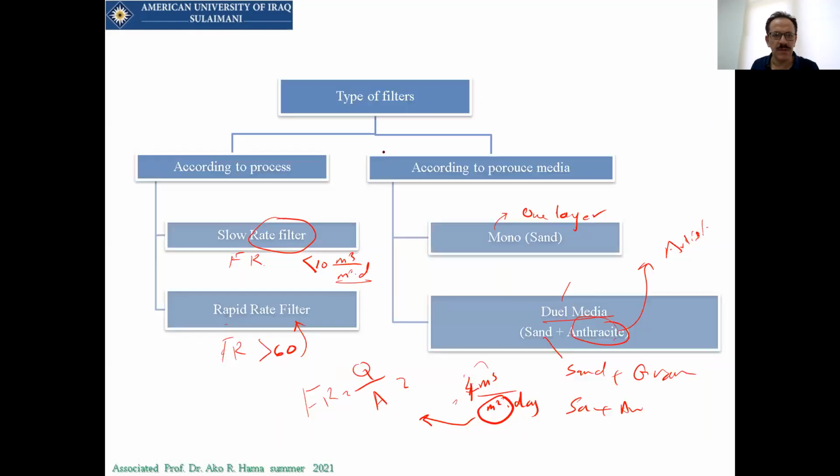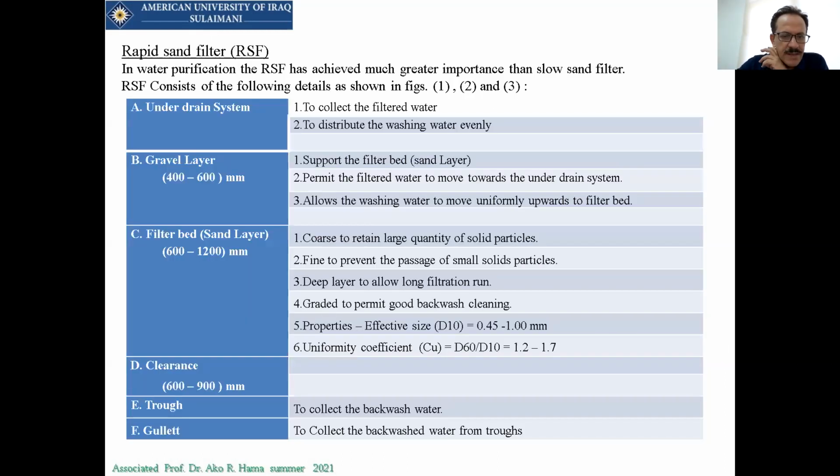Now, based on what we said, we have slow rate filters and rapid sand filters. The slow sand filter is one of the types of slow rate filters, and the rapid sand filter is one of the filters having a rapid rate. Most commonly, we are using these two types of filters, and we have to know the difference between them.